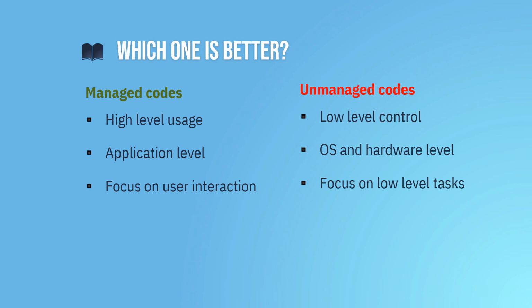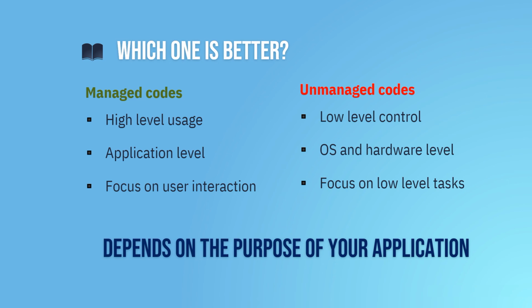So if you really want me to answer which is better, I'll say it depends on your purpose. If you want to create something that focuses on user interaction, then choose high-level languages. Choose C# of course. But if you want to do something with the operating system or hardware, then you can consider low-level languages such as C and C++.